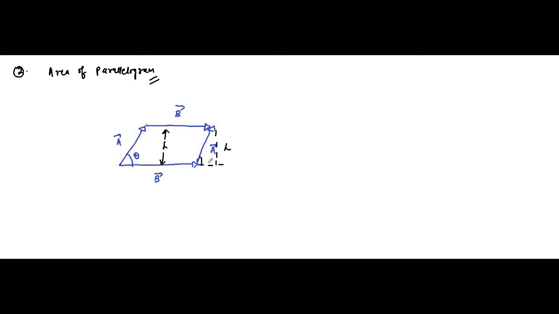This angle again is theta, corresponding angle theory. This is A vector. So this height h is equal to A sine theta, where A is the magnitude of A vector.